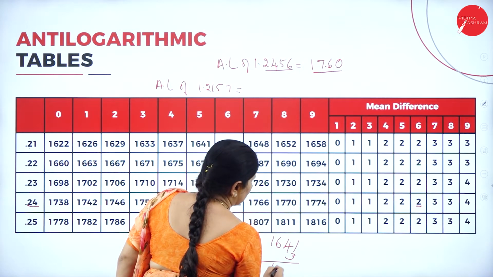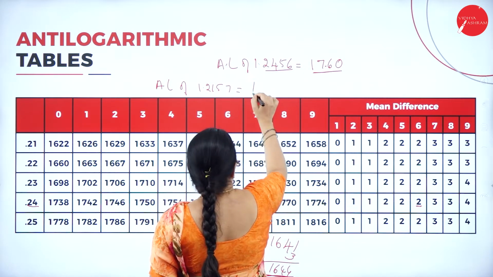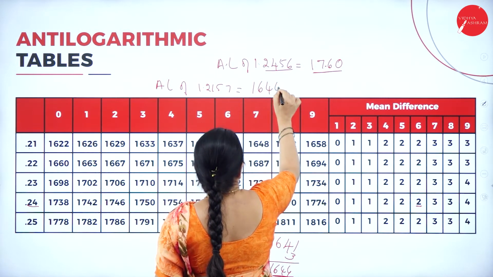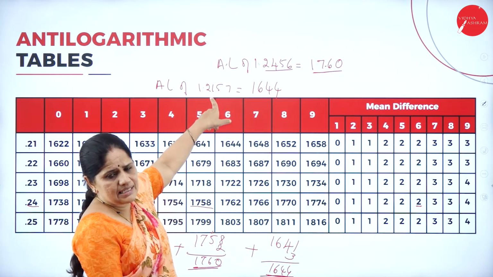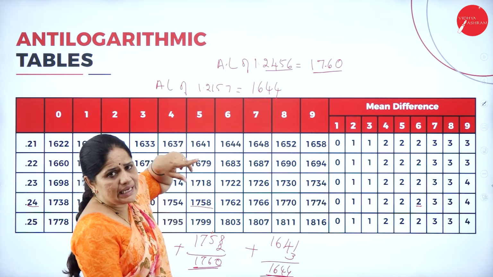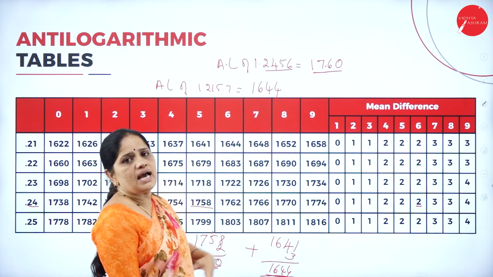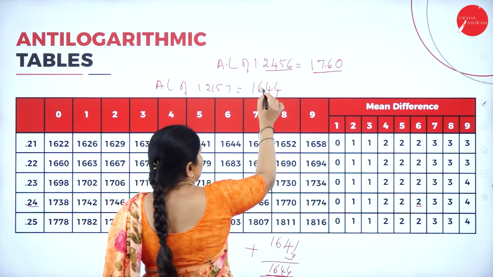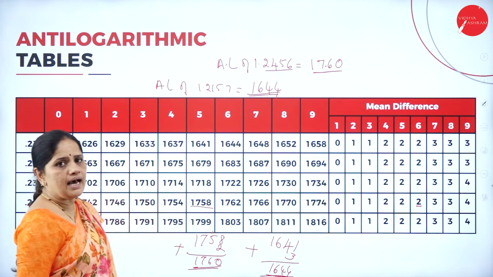So 1644. Now there is 1 written in the characteristic. I will add 1 to the characteristic. I get 2. So after 2 digits, I will put the decimal point, 16.44. So this is the answer.